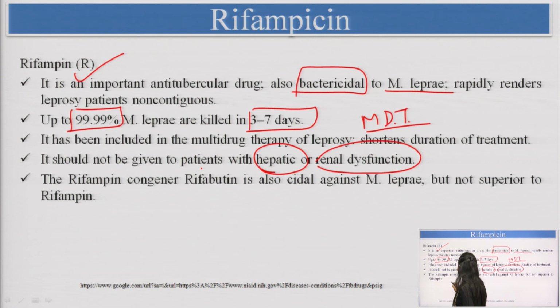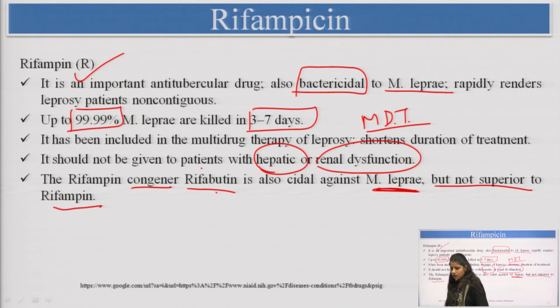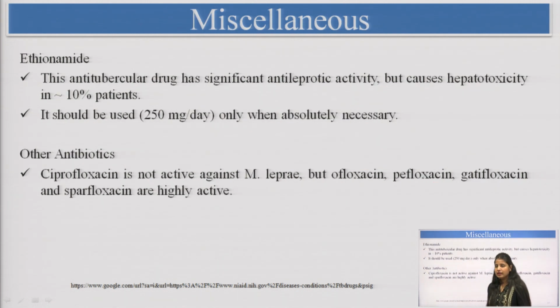Rifampicin congeners, meaning there are some other forms of rifampicin as well, like rifabutin. This also has a cidal, killing activity over this bacteria, but not superior to rifampin. So, we can prescribe these drugs for the treatment of leprosy.